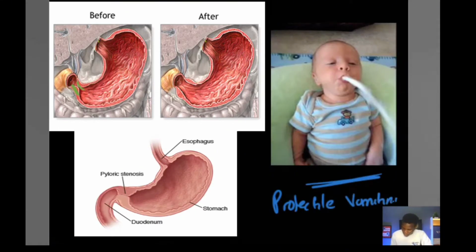This form of vomiting is unique in the sense that it's not the typical kind of vomiting in which the baby just vomits out the content of the stomach. In this case, it is forceful, like the contents of the stomach come out in a very forceful manner. That's why it's called projectile vomiting. It really comes out with force, and the reason for that is that occlusion, that stenosis, that hypertrophy that we're having in the pyloric sphincter.